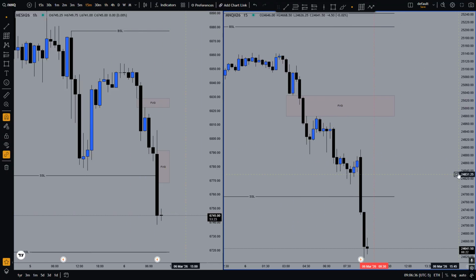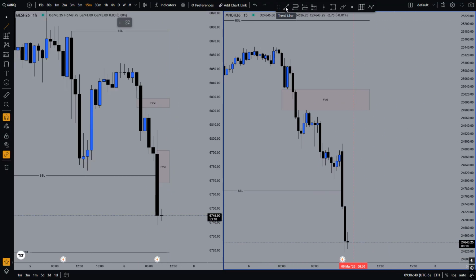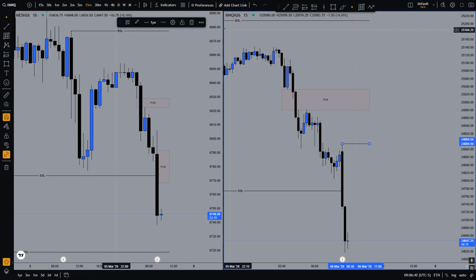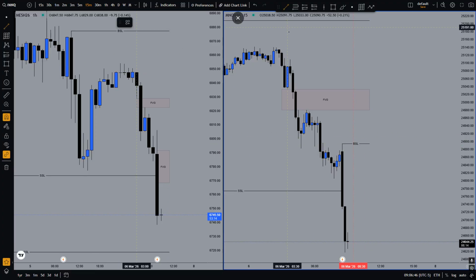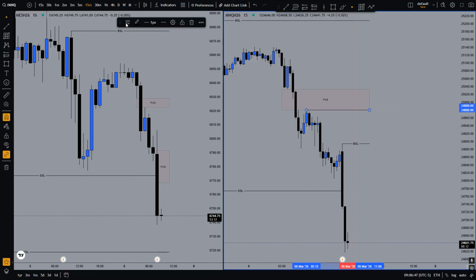Just kind of looking and seeing where we are, what we can do. So first thing I'm looking at here is we have this generated buy side resting here. Here we have this resting right at the start of the 1-hour gap here.